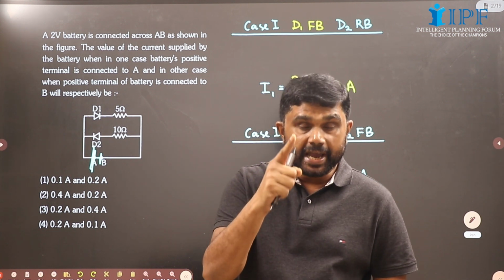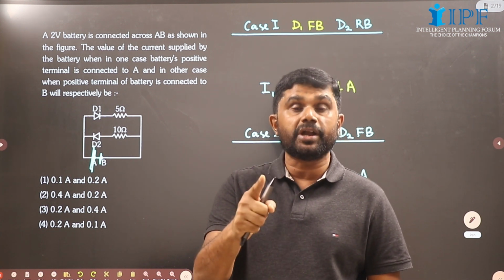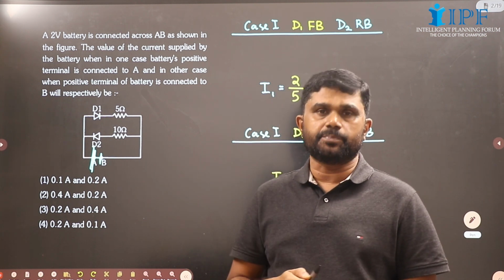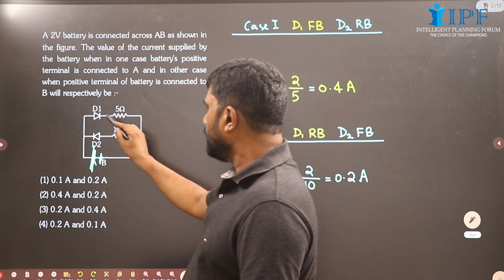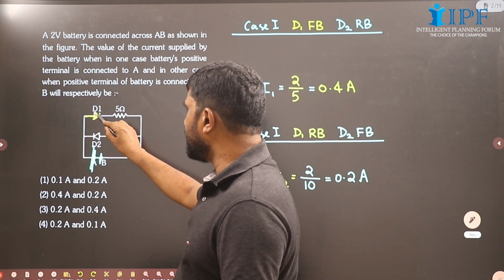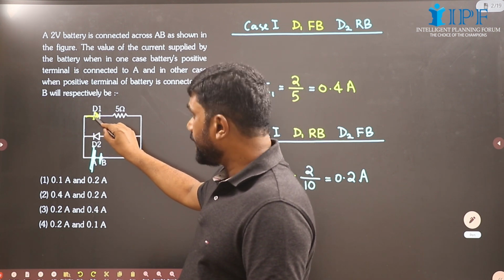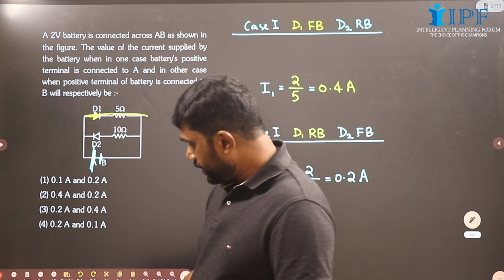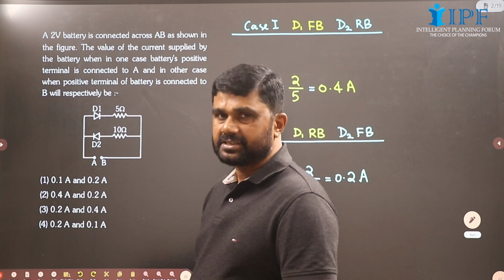And a diode can conduct an electric current only along the direction of the arrow in the diode symbol. See here, this is the arrow. A diode can conduct electricity only along the arrow, okay, not against the arrow.